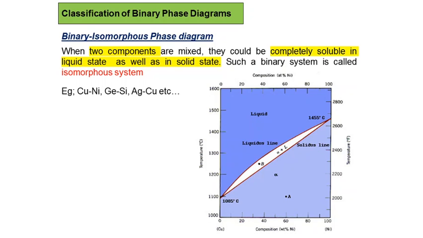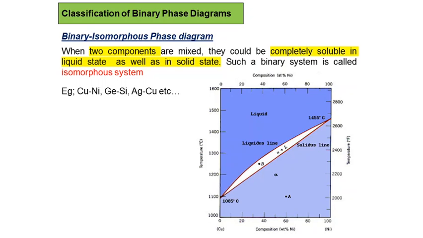If you consider the extreme left position, you can see it is 0% nickel. As the axis is represented as weight percentage of nickel, the nickel varies from 0 to 100%. So 0% nickel actually means that it has 100% copper.